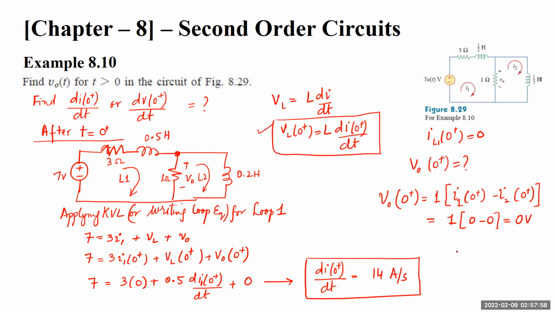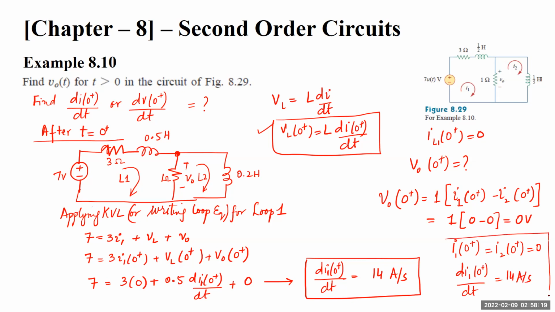So now what we see here is that we have I1 at 0 positive equal to 0, and for I2 we also have 0 positive equal to 0, and we have di1 at 0 positive by dt equals 14 amperes per second.